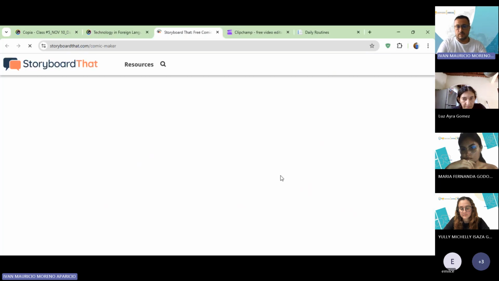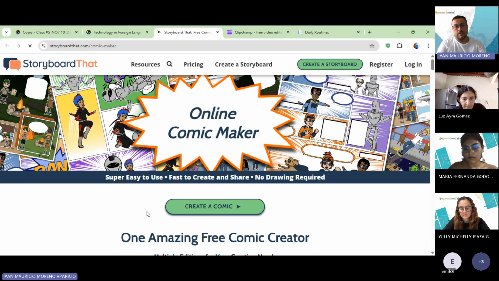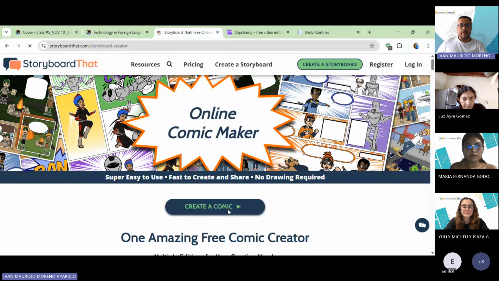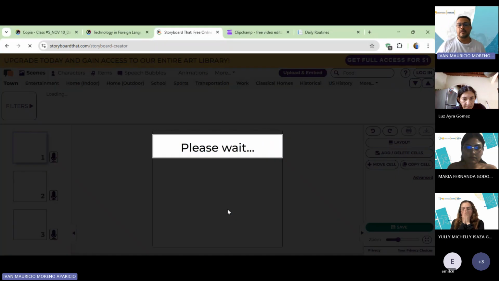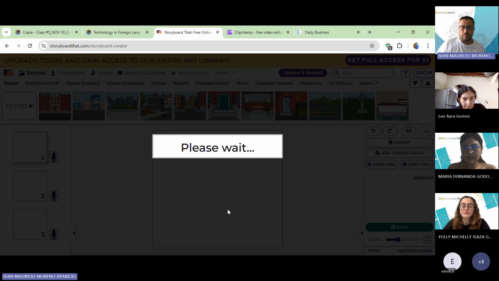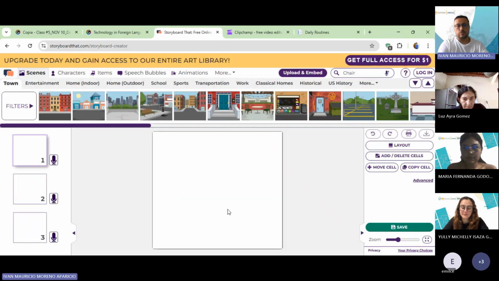So, as you know, you click on Online Comic Maker Storyboard .com/comic-maker, then click on Create a Comic, look for the ideal image, and then create what you're supposed to write in the slides.